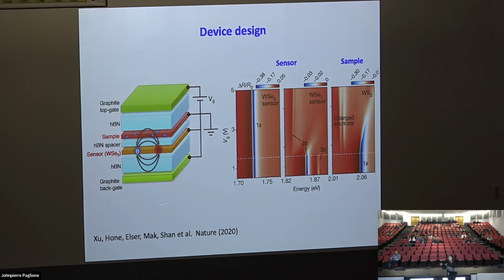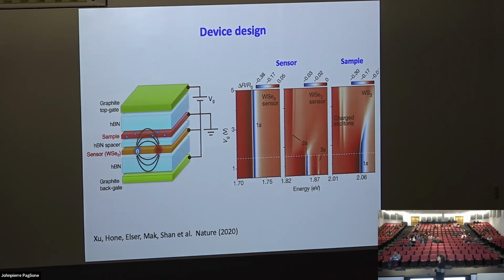And we chose those materials such that when you change doping using those gates, you leave the sensor intact, charge neutral throughout the process. And the doping only goes into the sample. You just need to work out the band alignments when you pick your sensor, for example.